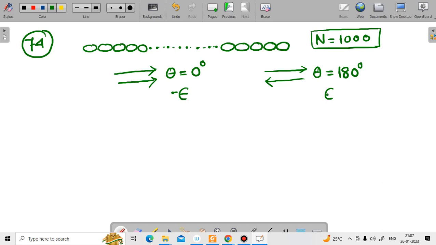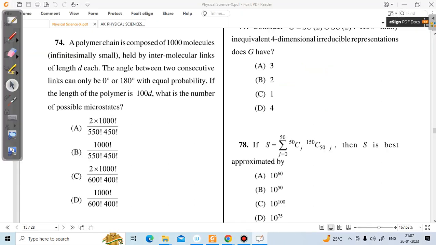Because in the anti-parallel arrangement the energy required will definitely be greater than the parallel arrangement. So in the parallel arrangement the energy should be minimum, that's why it's minus epsilon, and this is plus epsilon. Okay. So if the length of the polymer is 100d, what is the number of possible microstates?